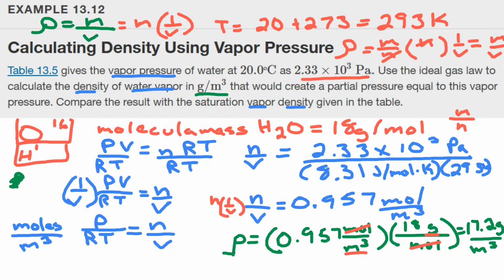In other words, how much mass of water do you have relative to a volume, grams per meter cubed, that will create partial pressure equal to the vapor pressure. Now this is important for calculating a lot of stuff. And then we're going to compare the saturation density to the given table. So what does that mean?